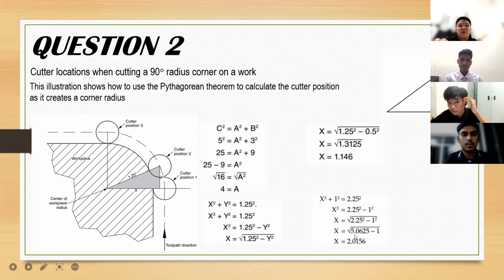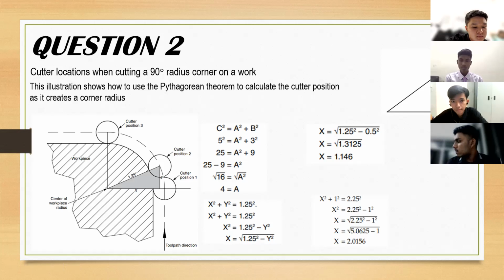So x equals the square root of 5.0625 minus 1, and we get x equals 2.0156. We can use trigonometric functions to plot the position of the cutter travel. So that's all.